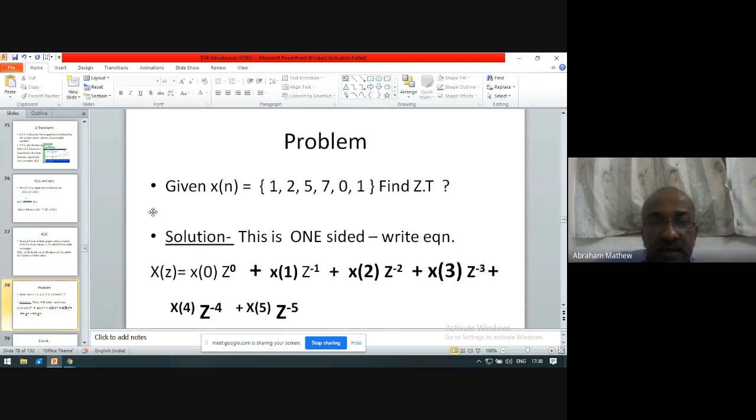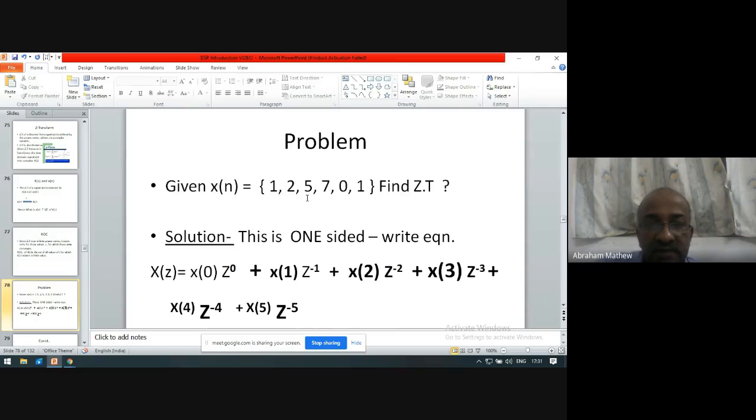Here there is a numerical. It is mentioned as x of n is equal to 1, 2, 5, 7, 0, 1. You have to apply Z transform for this particular sequence. How do we do it? This is a one-sided sequence. You can see they have not given any arrow mark here.